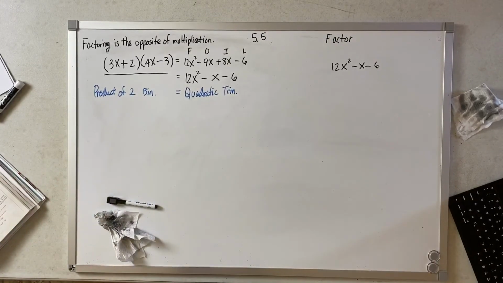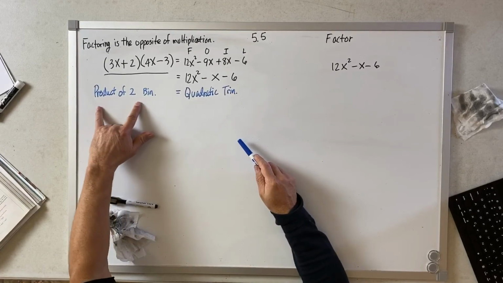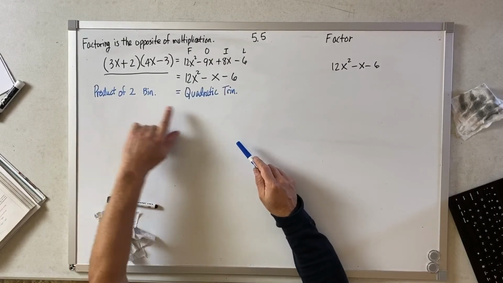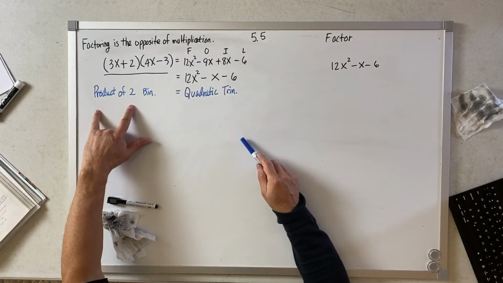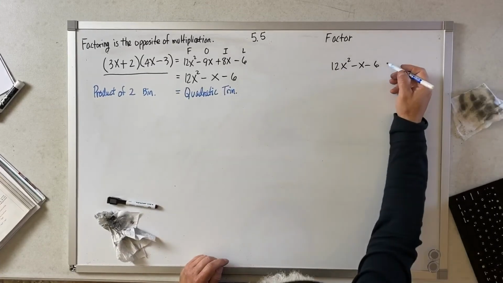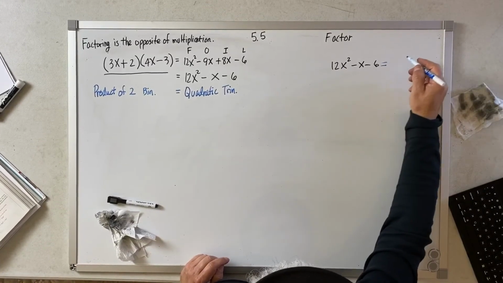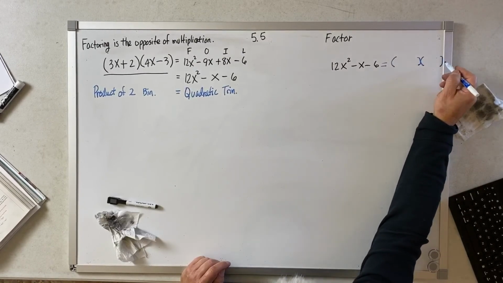Look. So a quadratic trinomial equals the product of two binomials. Once again, a quadratic trinomial equals the product of two binomials. So therefore, this quadratic trinomial equals the product of two binomials.